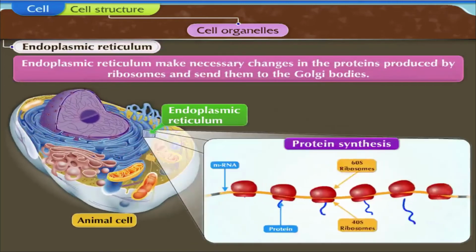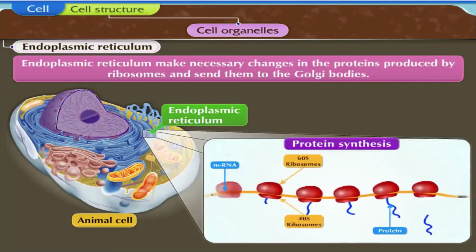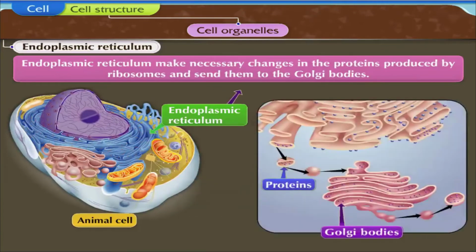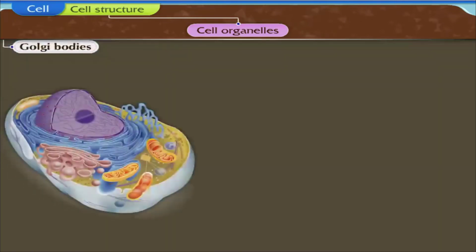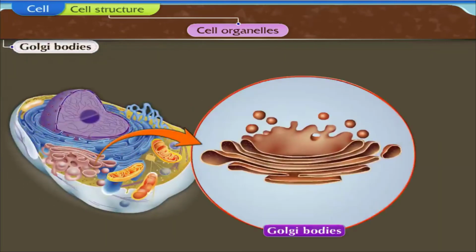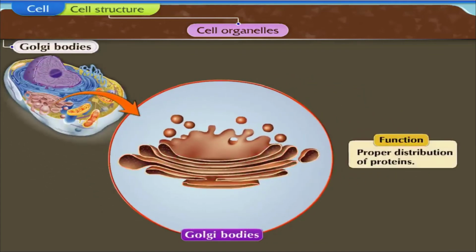Its function is to make necessary changes in the proteins produced by ribosomes and send them to the Golgi bodies. Golgi bodies. Golgi bodies are made up of several flat sacs. Their function is the proper distribution of proteins.